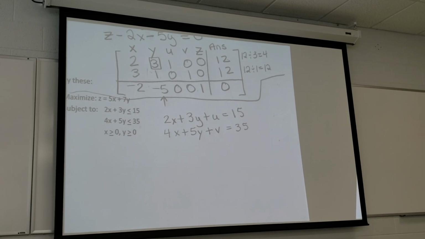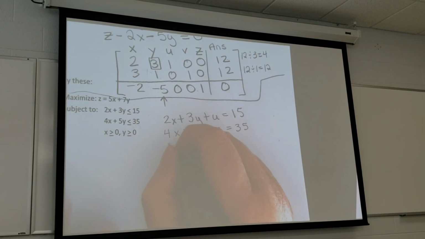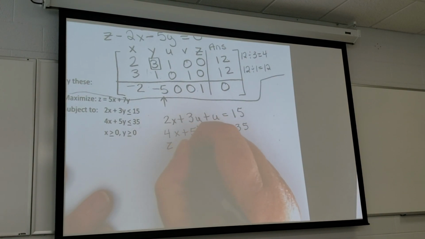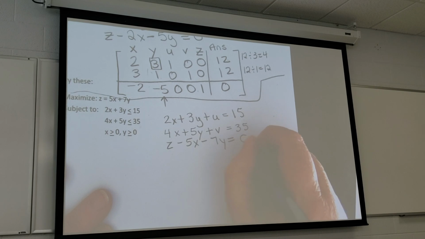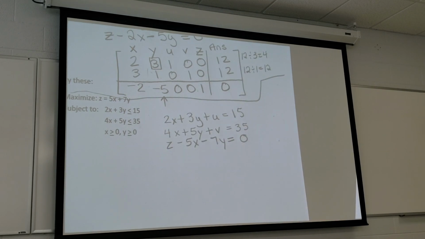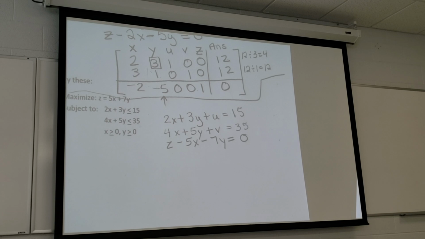The objective function, bring those numbers over to the z and they become negative. And you set it equal to 0. So the objective function has to be set equal to 0. However, that z value has to remain positive.